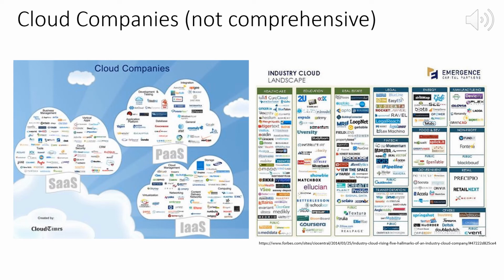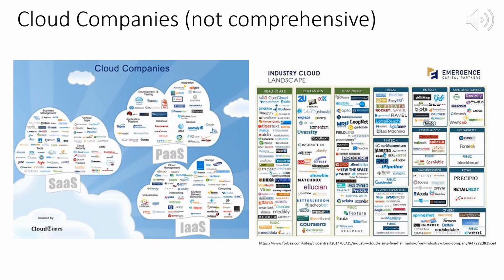These pictures are highly incomplete, because if you go further into details, you will find thousands of companies that are actually working in these areas. Some of them are more successful than others.